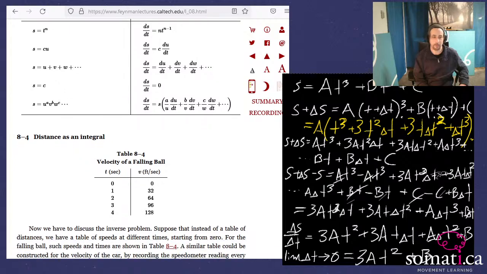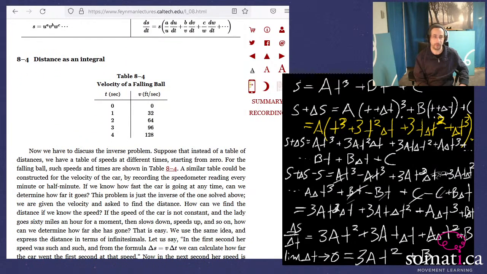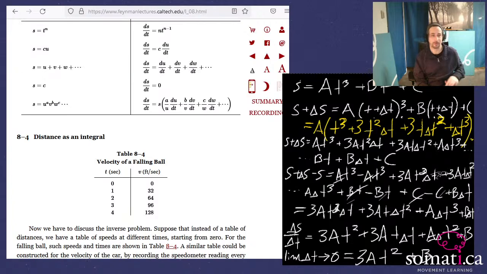So rules about derivatives: power law, product rule, composition, and the chain rule.